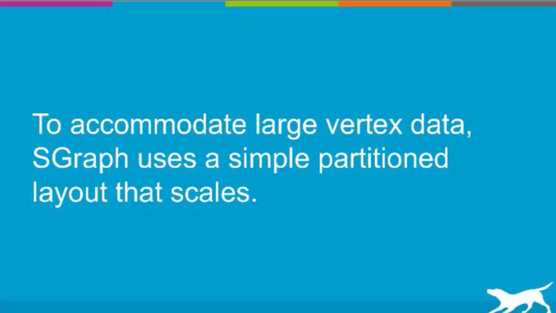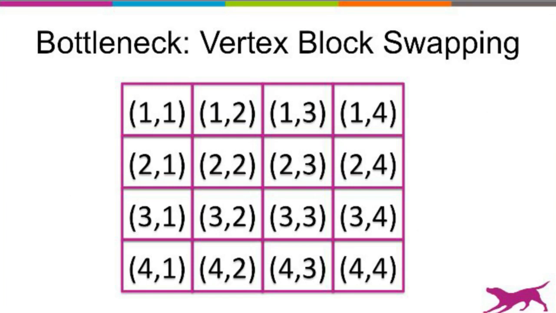So to accommodate large vertex data, SGraph uses a simple partition layout that scales. It comes with a trade-off, though, because swapping vertex data is sometimes costly. And some algorithms just work much faster if you can assume all the vertices can be kept in memory.